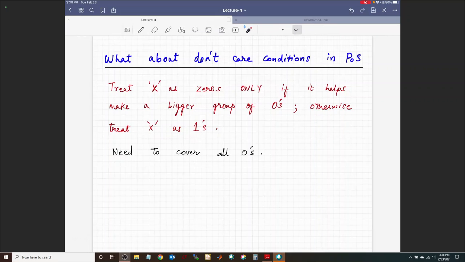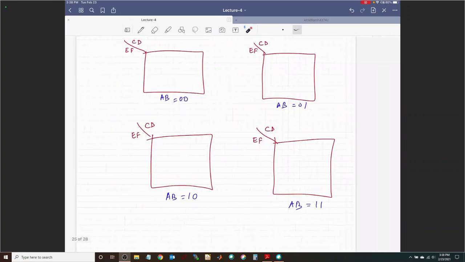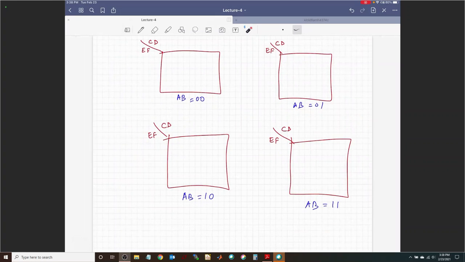For the sixth term, you can connect any two. Hold up. And I'm not sure how the wrapping would work. For the sixth term, you are talking about the 6 variable K-map?